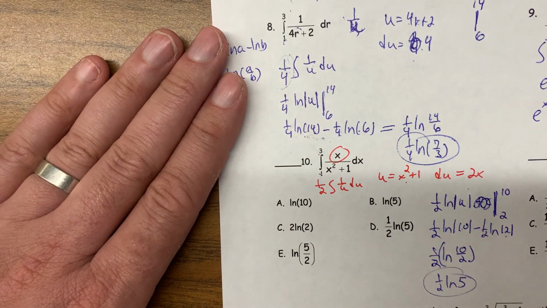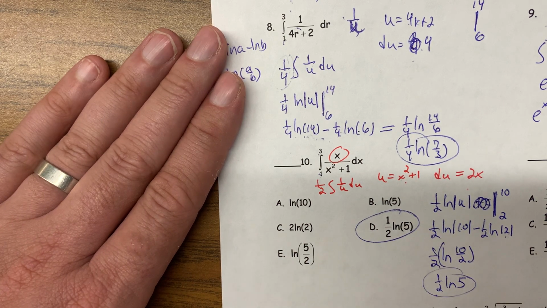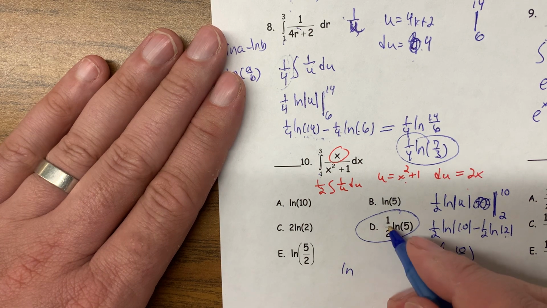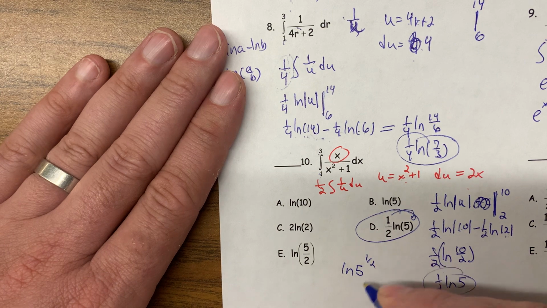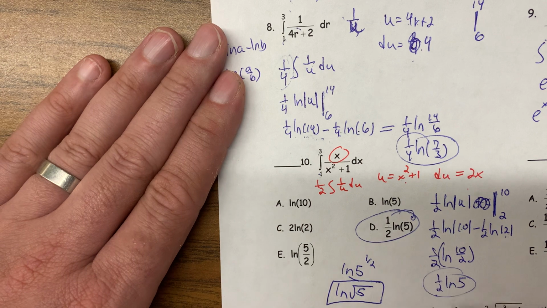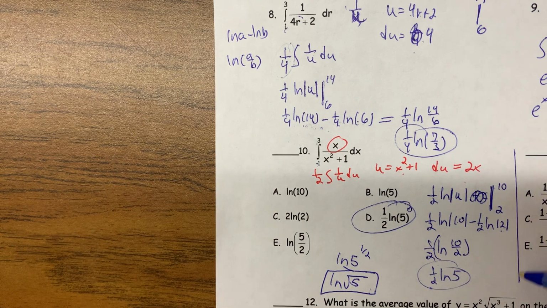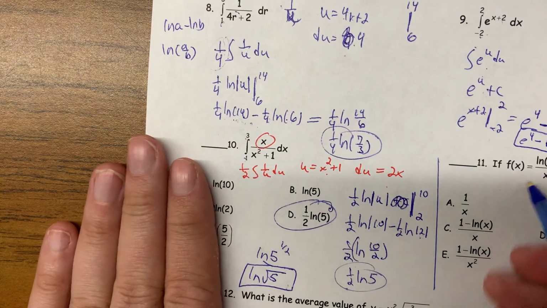If you really wanted to be fancy, we could have used another property and said that a multiplier can become an exponent. So natural log of 5 to the 1/2 power, which is the same as natural log of the square root of 5. This also could have been a way they wrote their answer at the end. You are supposed to know your properties of logs from Algebra 2, so it might be worth looking at again.